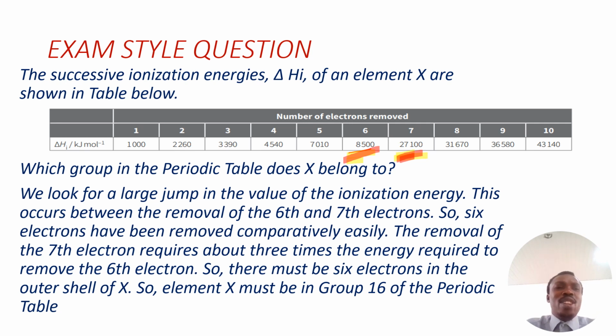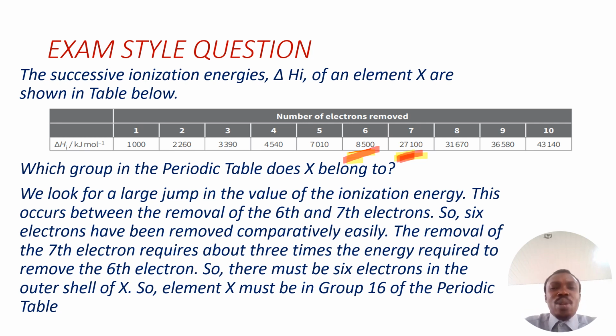The 6 electrons have been removed comparatively easily, while the removal of the 7th electron requires about 3 times the energy. So there must be 6 electrons in the outer shell of X. So element X must be in group 16 of the periodic table.